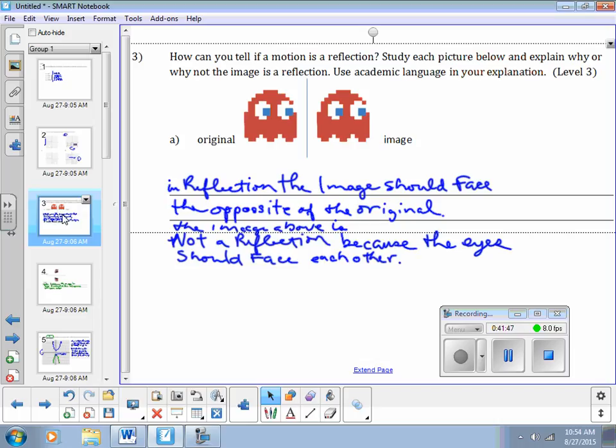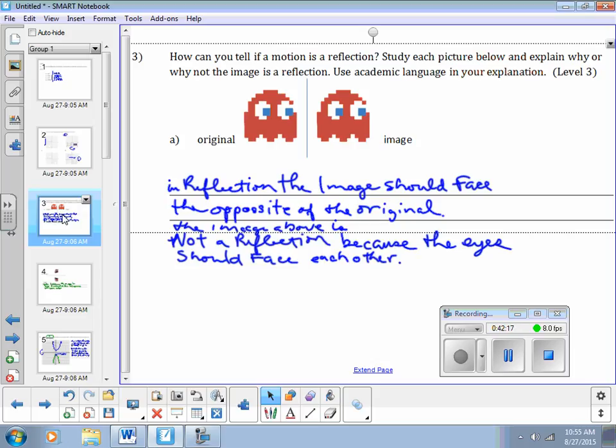For rotation, the figure has to rotate about a point of rotation, and it has to match on top of itself in less than 360 degrees, because if it takes 360 degrees till it matches, no, it does not have rotational symmetry. Okay? So you see how you would write that as a sentence in that very last question? Yeah.